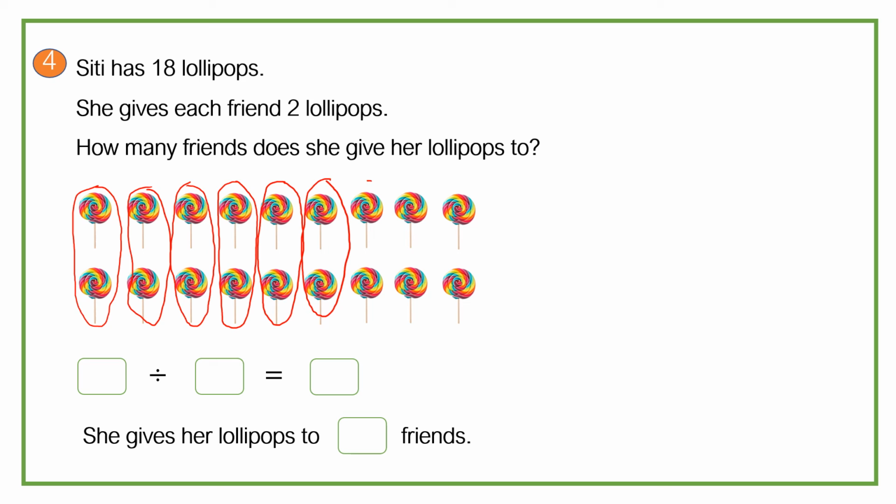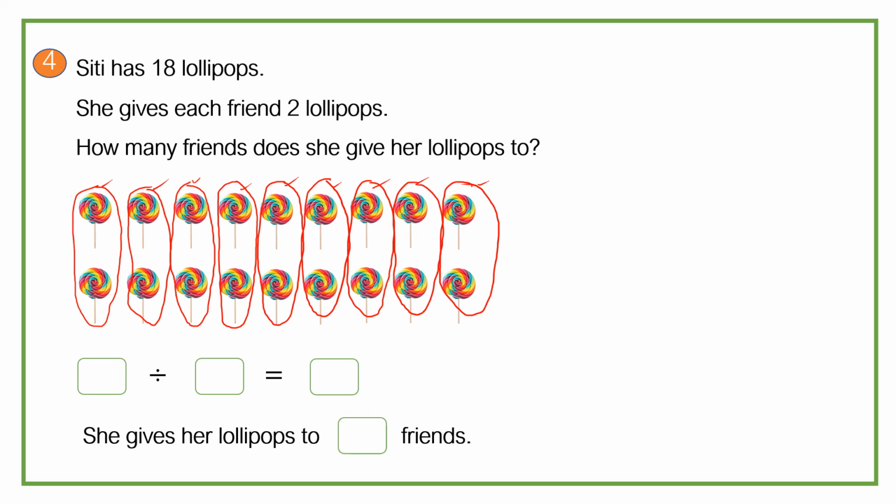We make groups of 2, groups of 2, groups of 2. So now, how many groups of 2 do we have? Let's see. 1, 2, 3, 4, 5, 6, 7, 8, 9. So you see, we have got 9 groups.